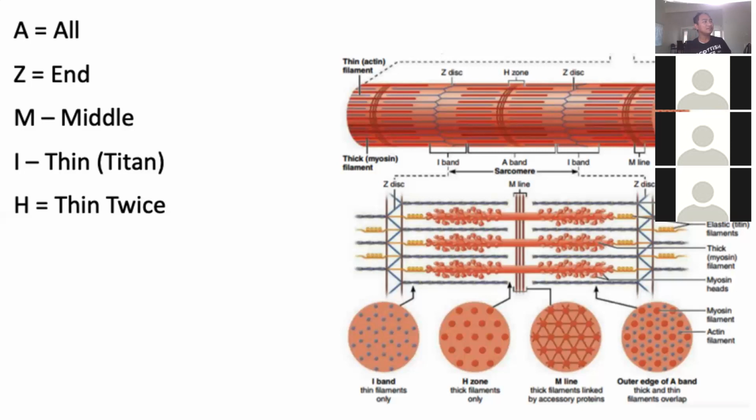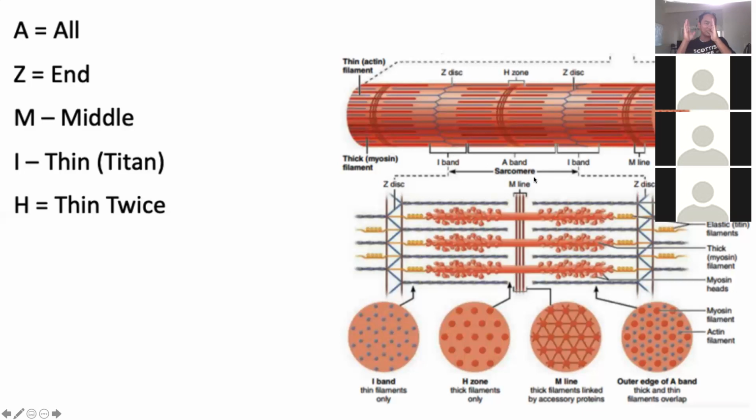So as I say, Z is the end. So this is one Z, the other Z. The sarcomere is in between two Z lines. Z is the end. A stands for all, meaning both actin and myosin. The area here is the A band, actin and myosin. Only the thin actin, where only thin and slim actin is, is the I band.